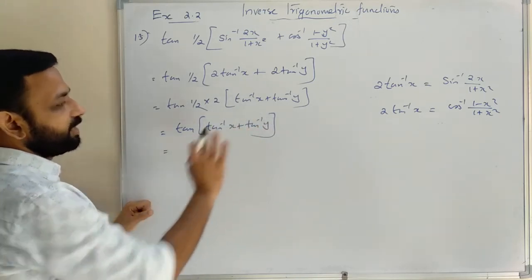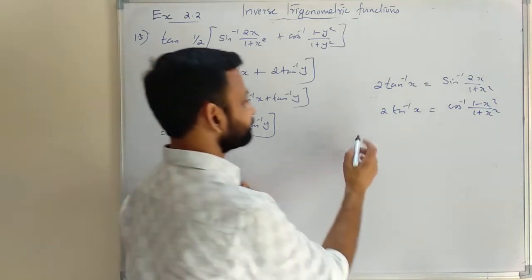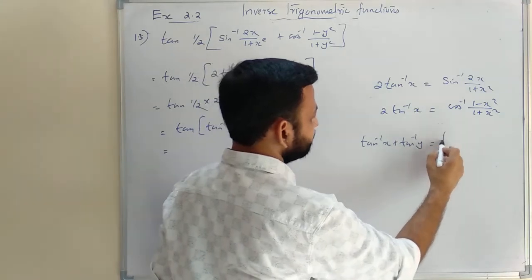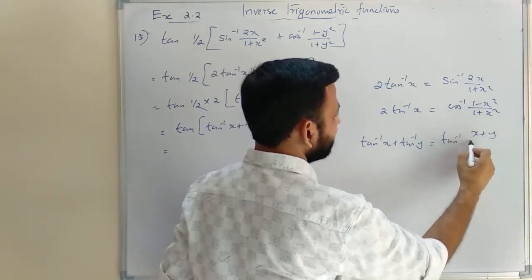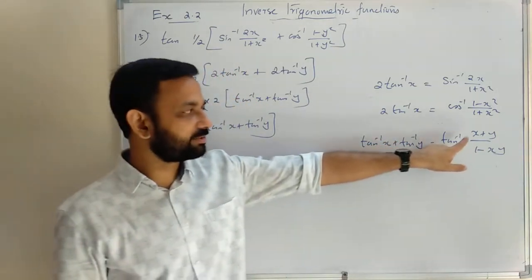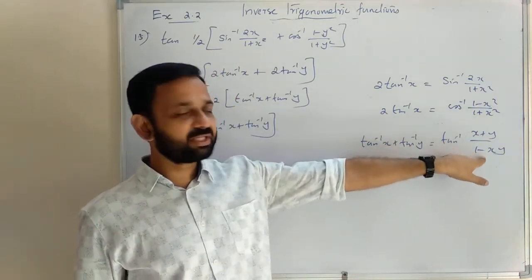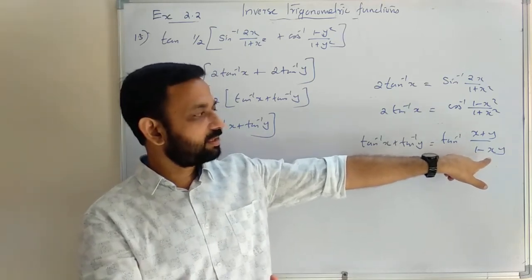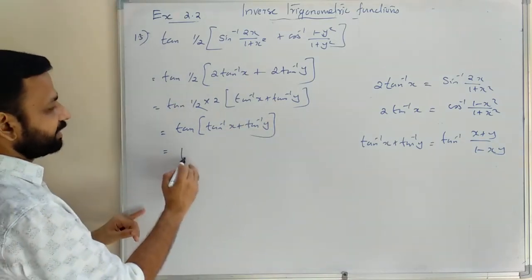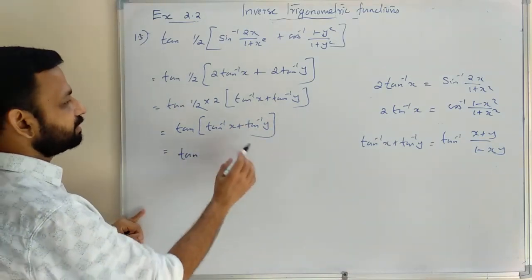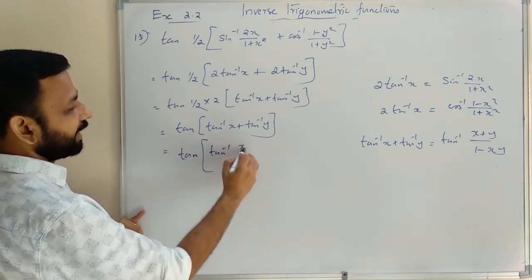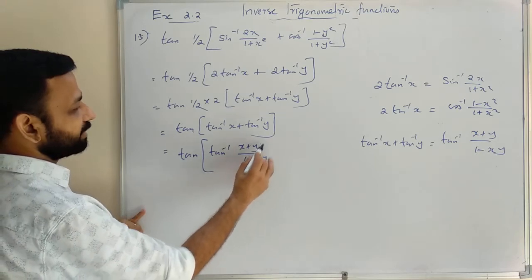And here we learned another property. Tan inverse x plus tan inverse y is equal to tan inverse of x plus y upon 1 minus xy, when xy is less than 1. So here we can use that property. So we will write tan of tan inverse of x plus y upon 1 minus xy.